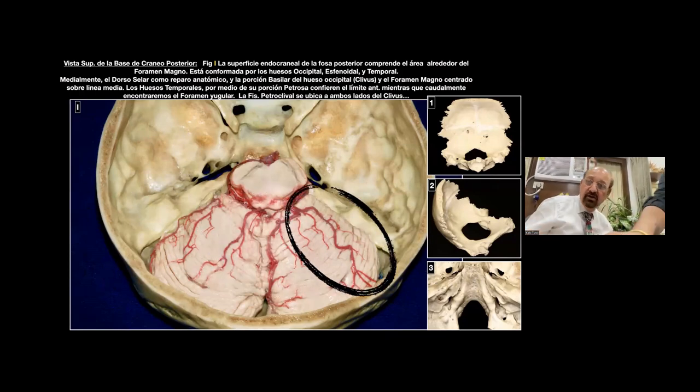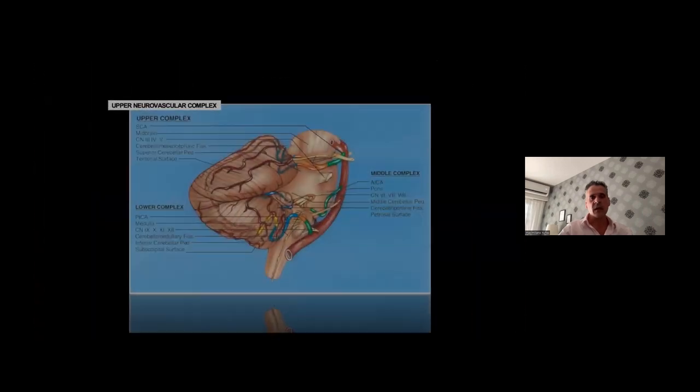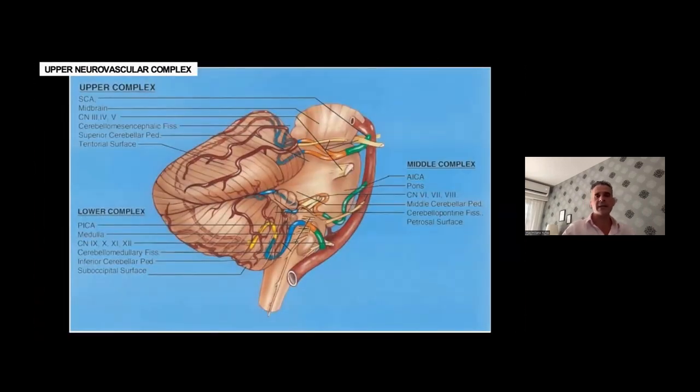This is the CP angle, like we know. This is the schematic description of the Professor Rhoton. Of course, everybody knows this, the complex of the three, the superior or upper neurovascular complex with the cerebello-mesencephalic fissure, the junction between the pons and the mesencephalic portion of the brainstem, the junction between the pons and the medulla oblongata.